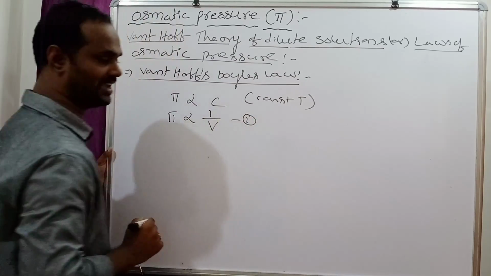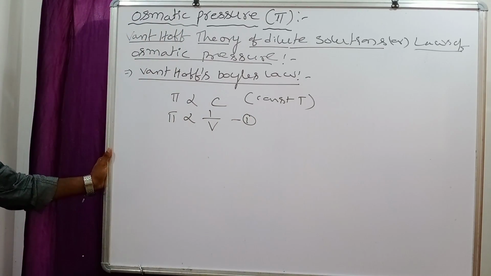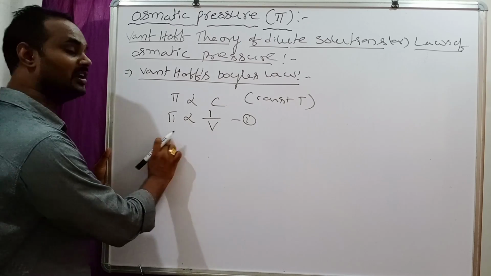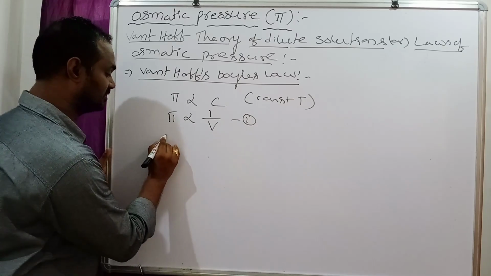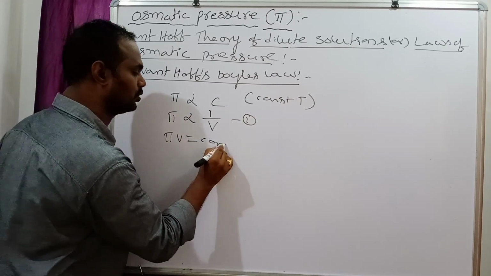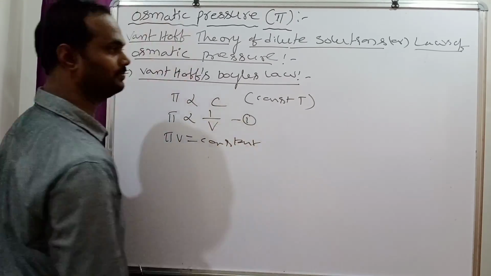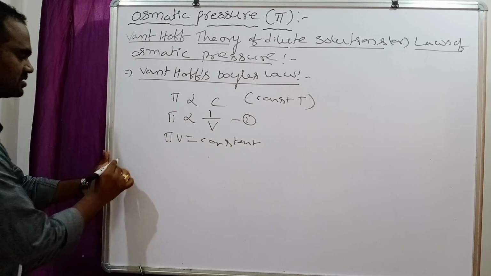This is equation 1, similar to Boyle's law. Therefore pi V is equal to constant.